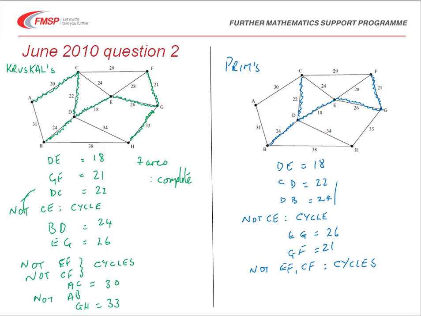And that's got us up to a weight of 29 with CF. So we then get AC coming in with length 30.